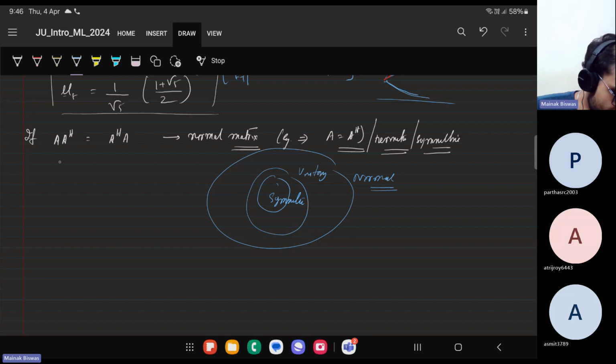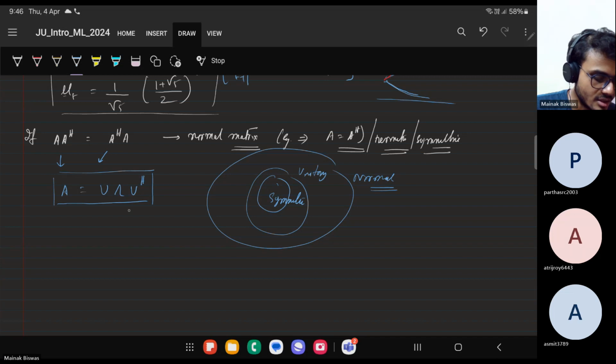That is, if A Hermitian A is A A Hermitian, this is true, then A is unitarily diagonalizable. There exist orthonormal eigenvectors.